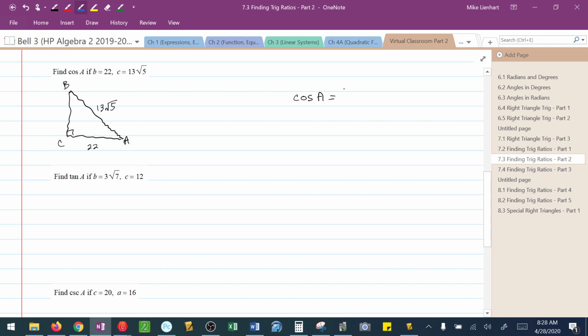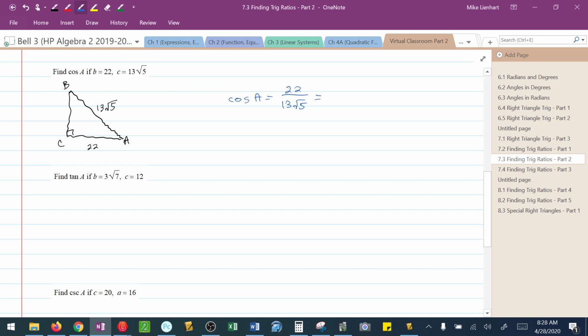So I'm going to go ahead and move this over just in case I need to simplify. Cosine of A is going to be 22 over 13 radical 5. Now, I need to take this a little bit further, though, and rationalize it. And remember, all you have to do with rationalizing is multiply the top and the bottom by the radical.